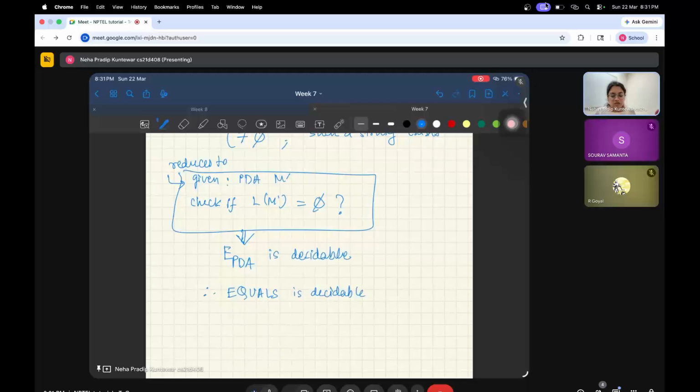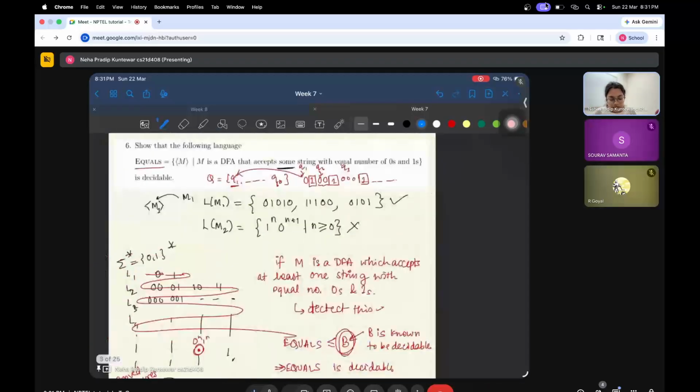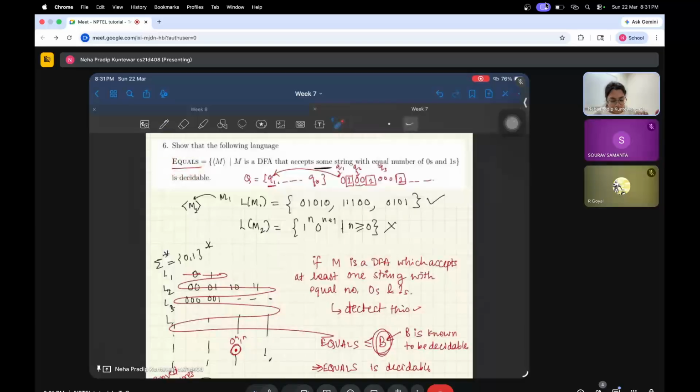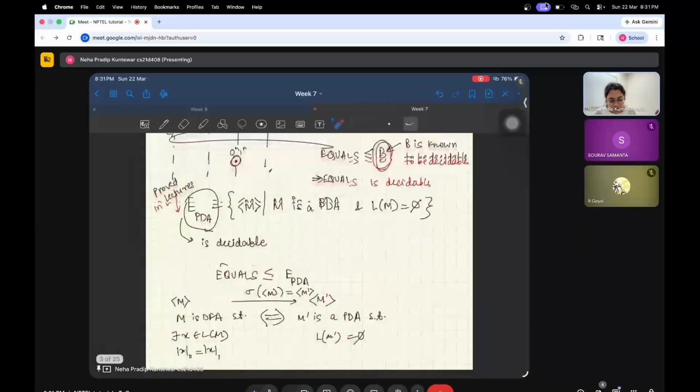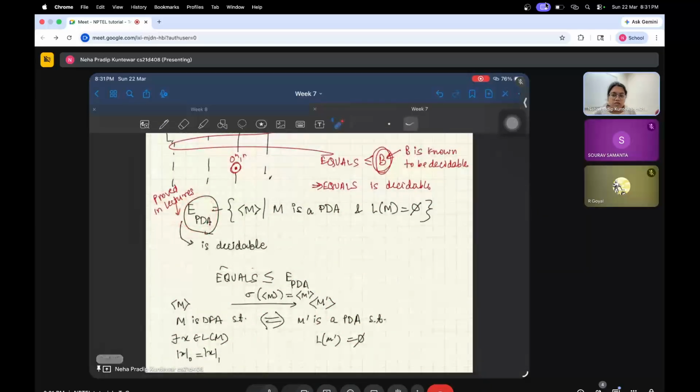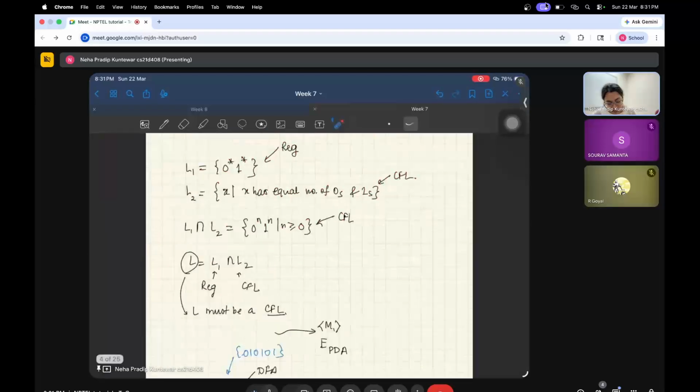So just to summarize, what we did is, we have this language EQUALS, and we want to show that it is decidable. So what we do is, we reduce it to the emptiness checking problem for PDA. How do we do that?